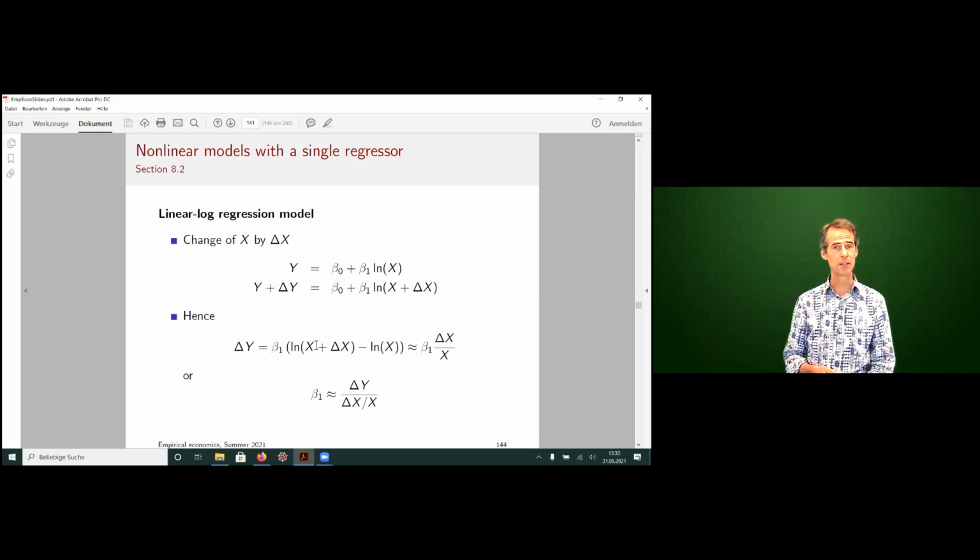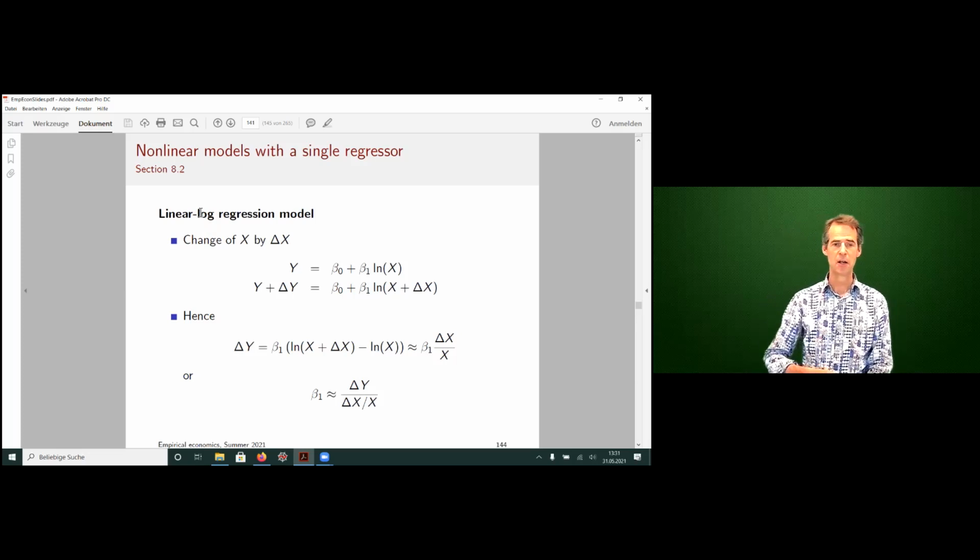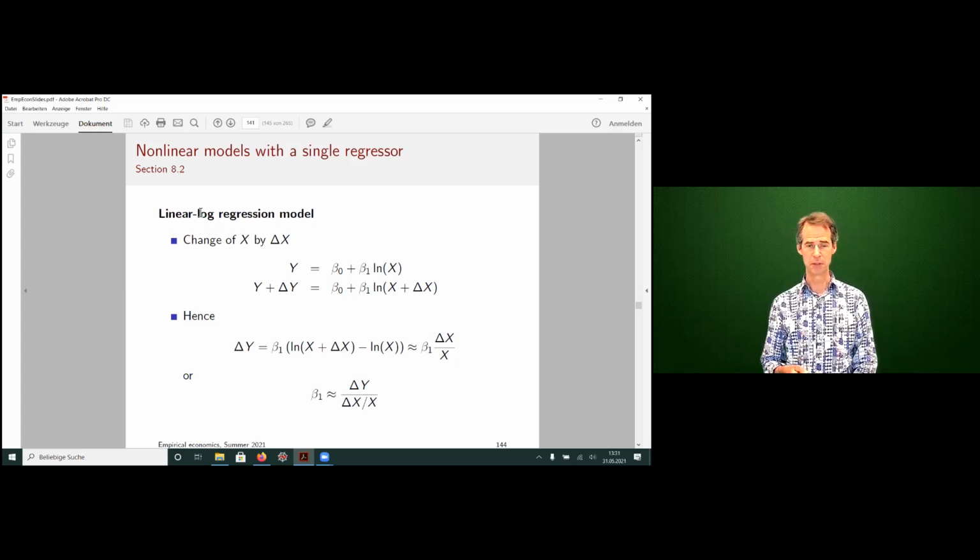All right, let's look at each of these models in turn, and let's start with the linear log regression model. So we do not take the log on the left-hand side, that's the linear part, but we do take the log on the right-hand side, that's the log part of the linear log regression model. What's the change of y in this model if we change x by 1 unit, or by delta x in general?